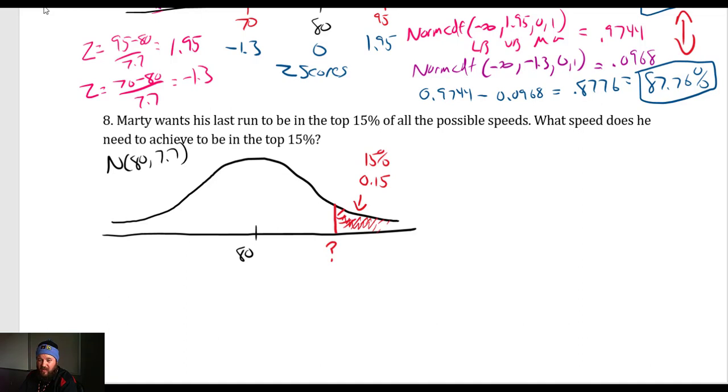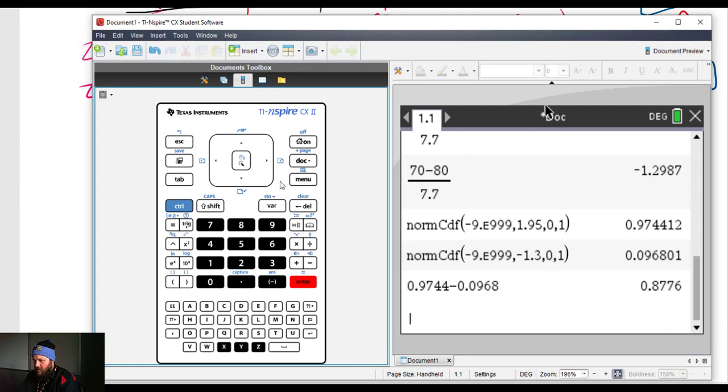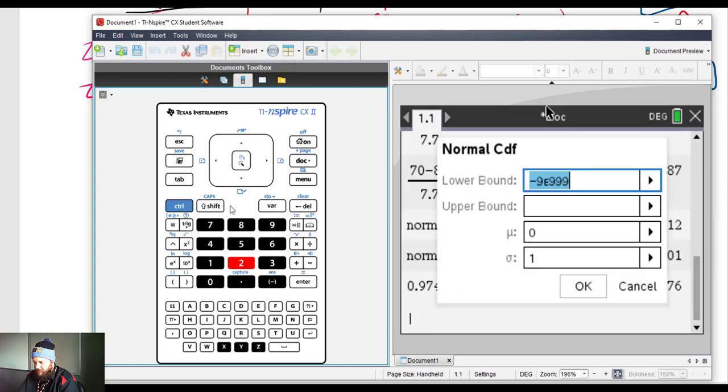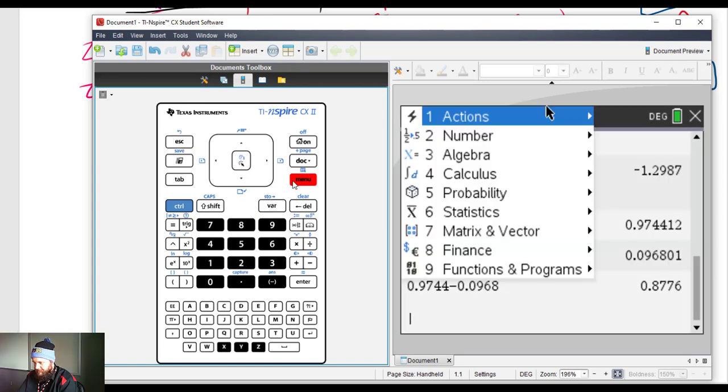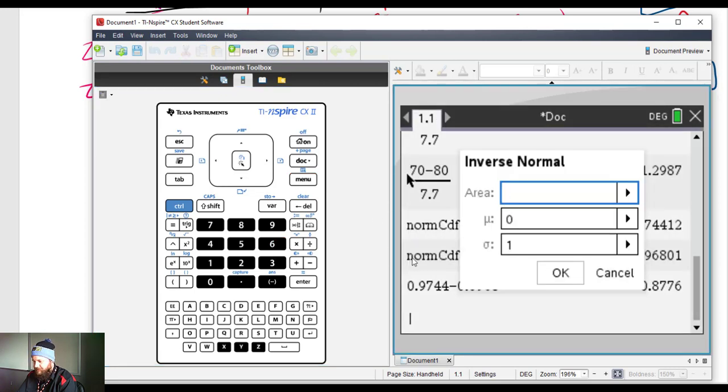So let's use a calculator set for inverse norm. On the TI-Nspire, it's Menu 6, 5, inverse norm, number 3.